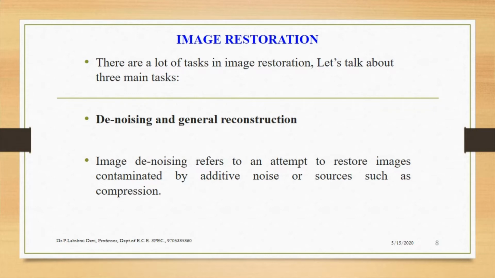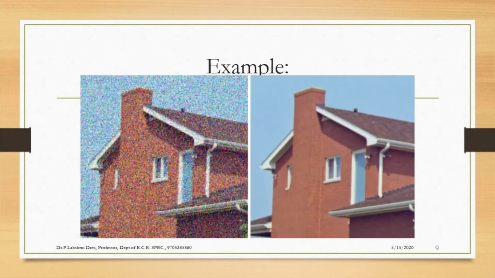Image denoising refers to an attempt to restore images contaminated by additive noise or sources such as compression. While using compression on images, there is a chance that some sort of noise is added by the compression process. That noise is also minimized with these denoising concepts in image restoration. Let us see one example. Here you can observe the first image is affected with some noise.